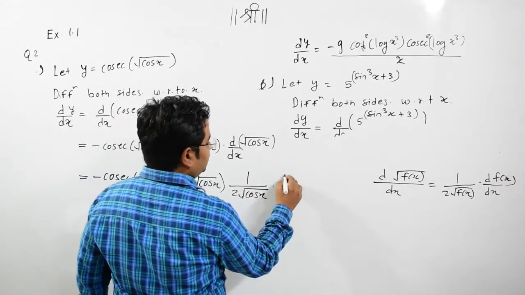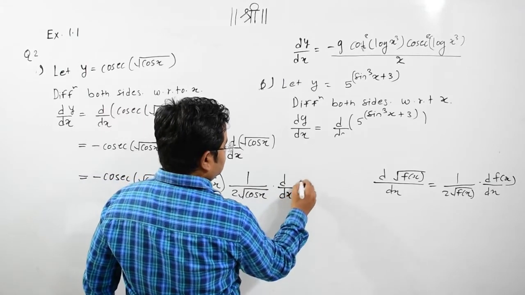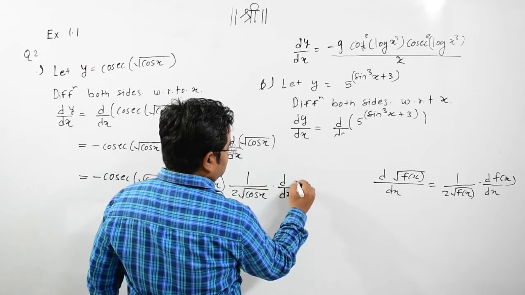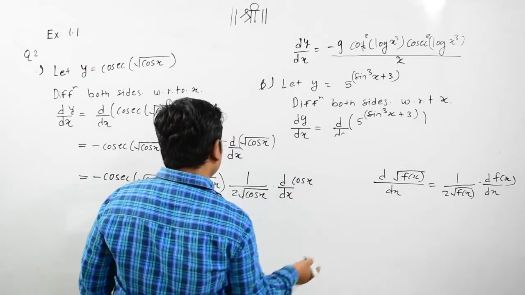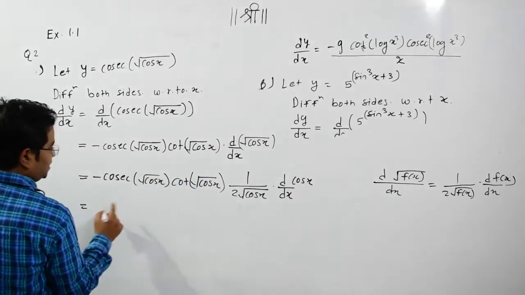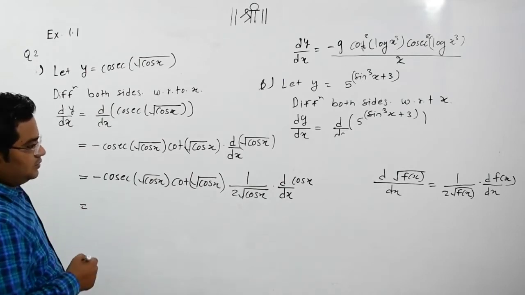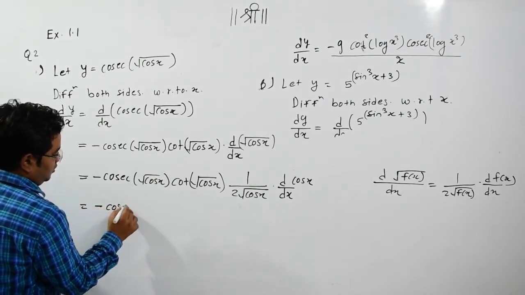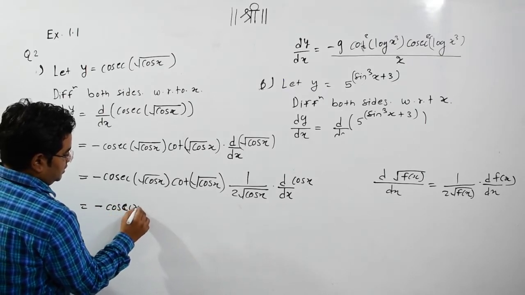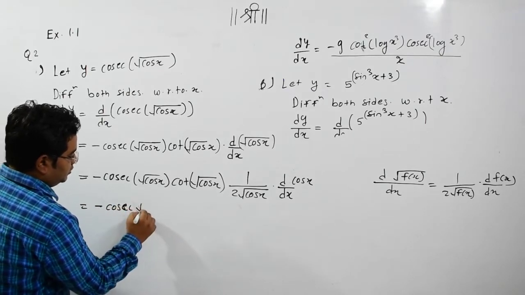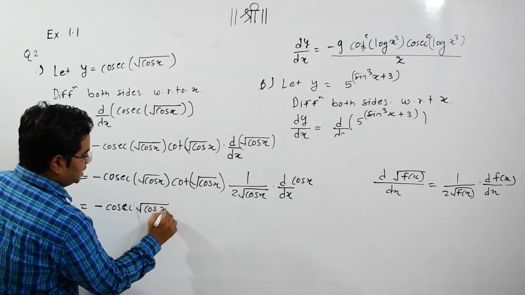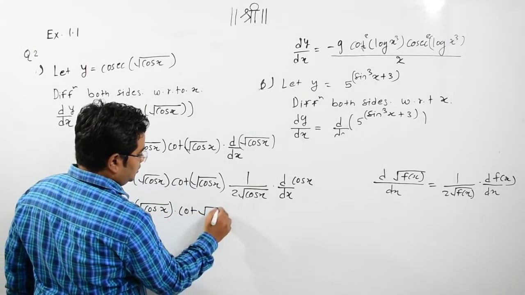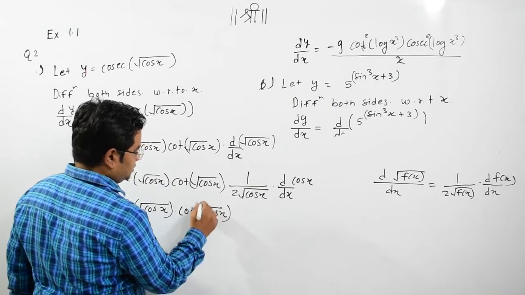Again, what is the derivative of cos x? Cos x derivative is nothing but minus sin x. So minus cosec under root of cos x, done, dot cot under root of cos x, done.